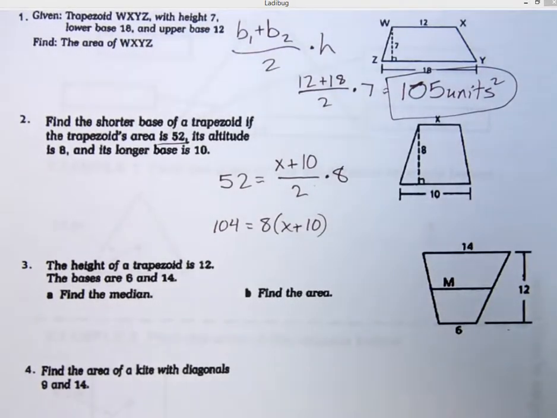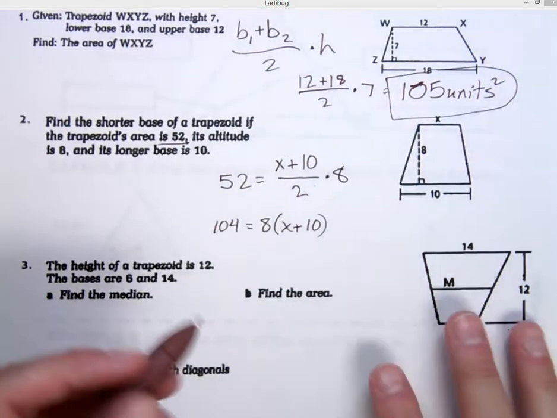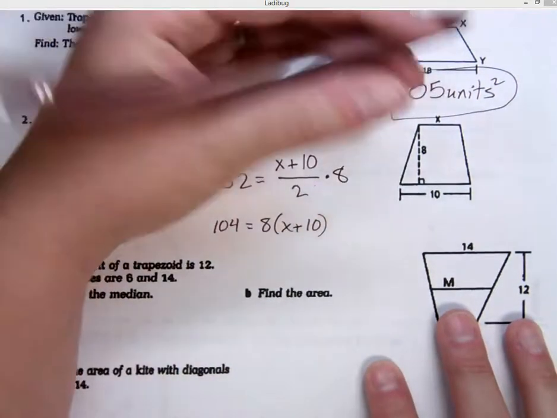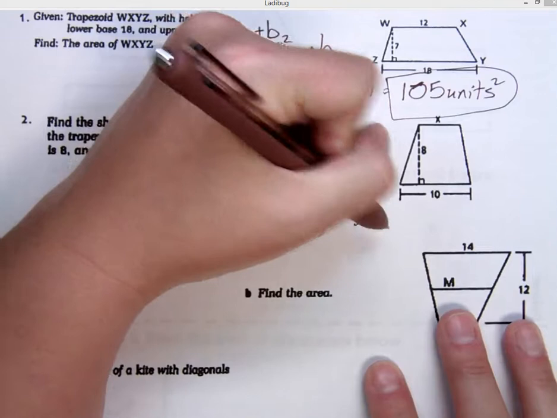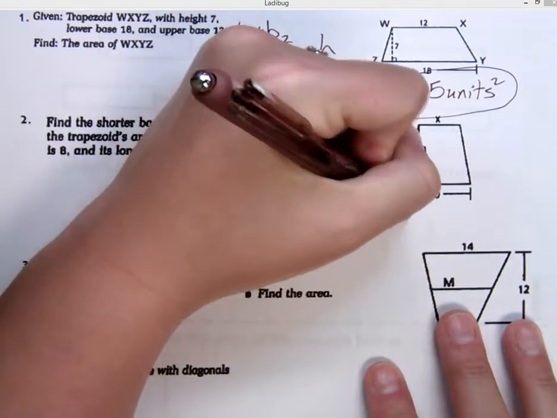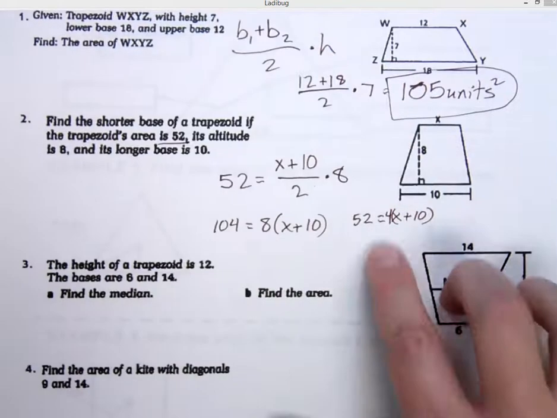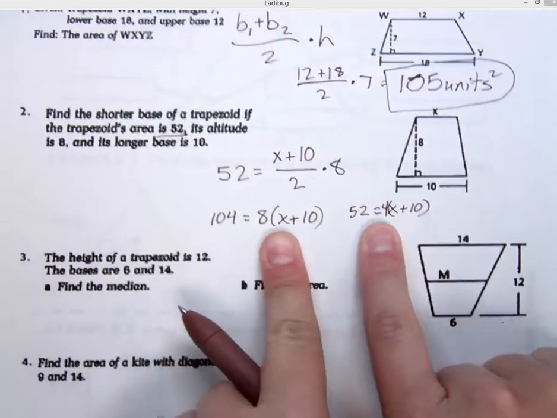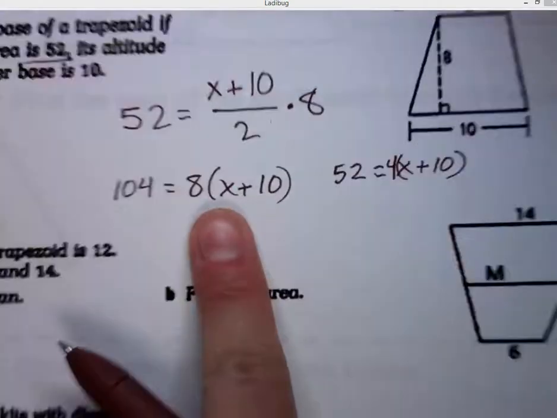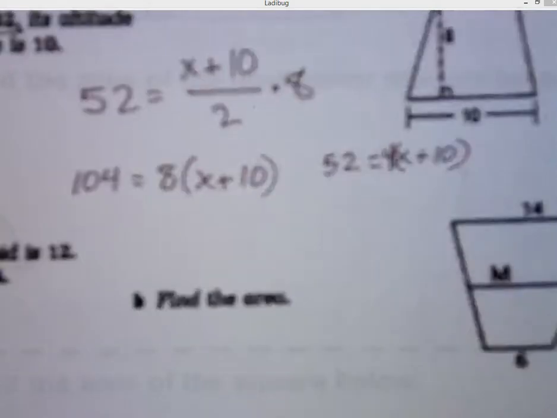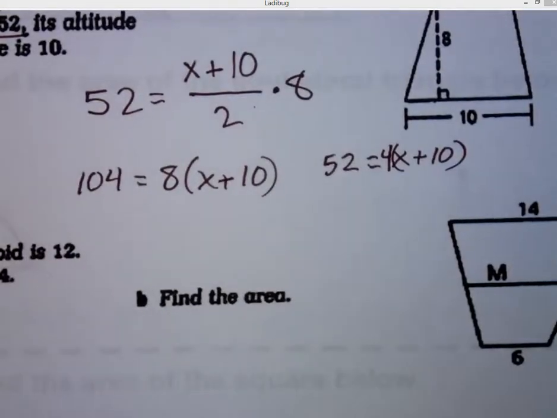That also works, and you'll get the same answer. So you get 52 equals x plus 10 times 4. These are the same thing.